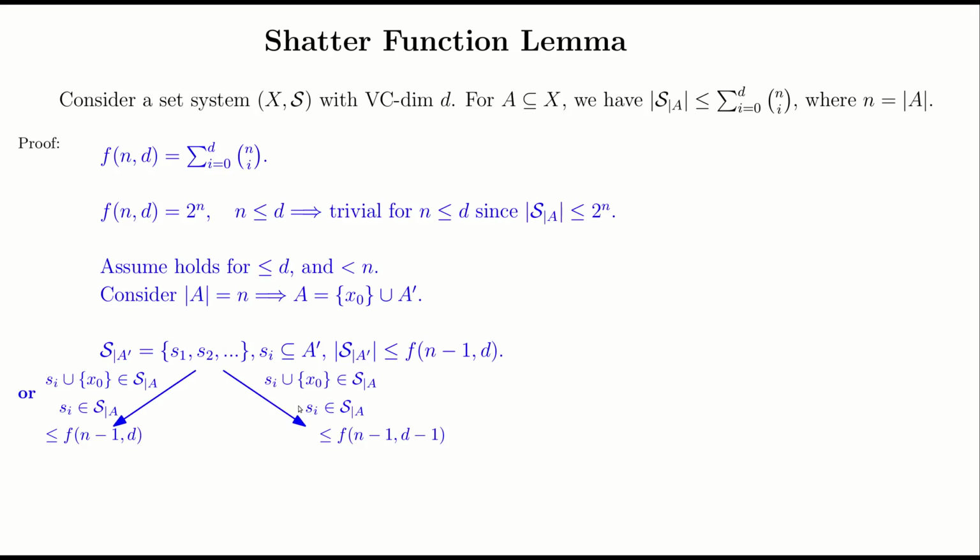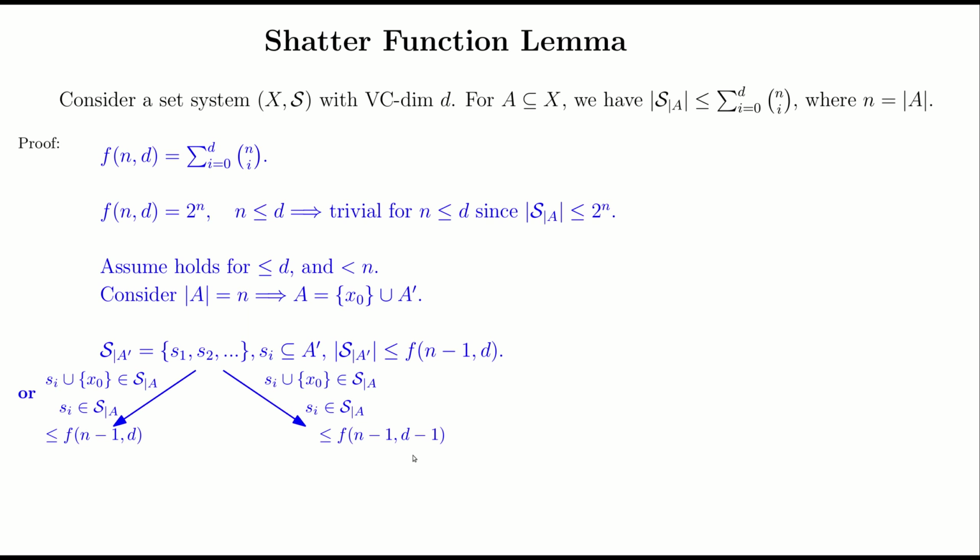In other words, if we could find a subset that has size d and is shattered, then by adding x0, we could have a subset of size d plus 1 that is shattered. Thus, it follows that the number of subsets that satisfy this branch is at most this many.